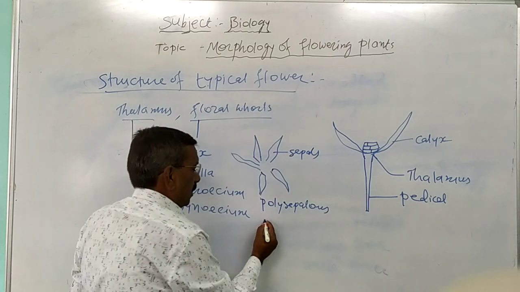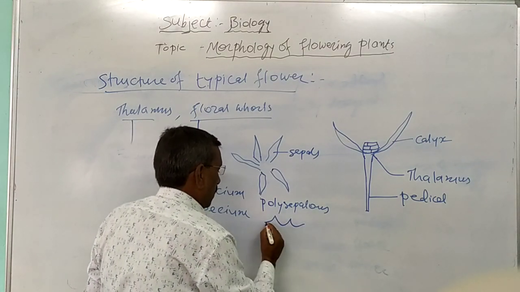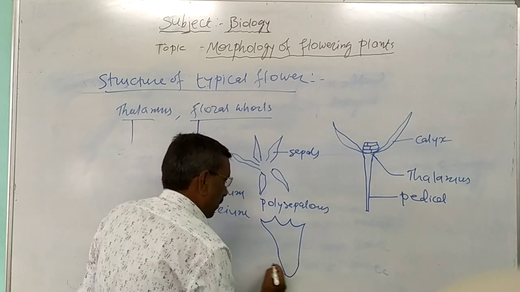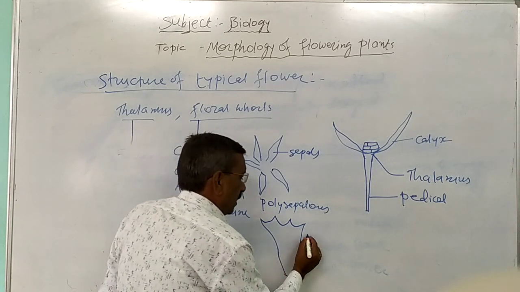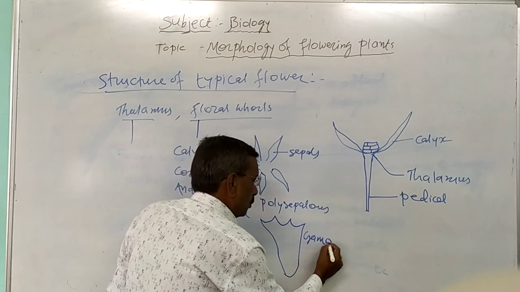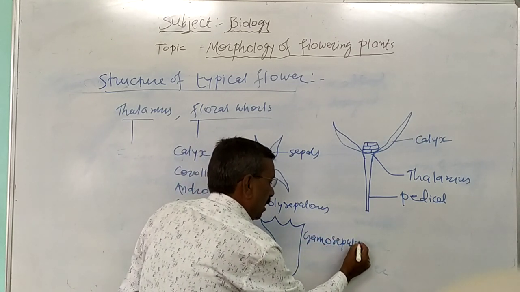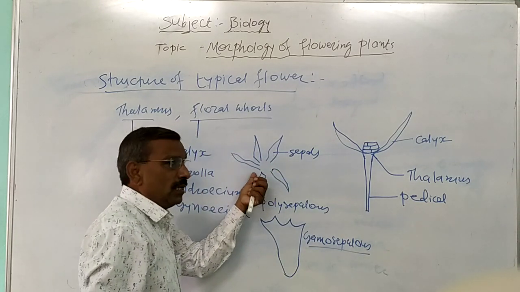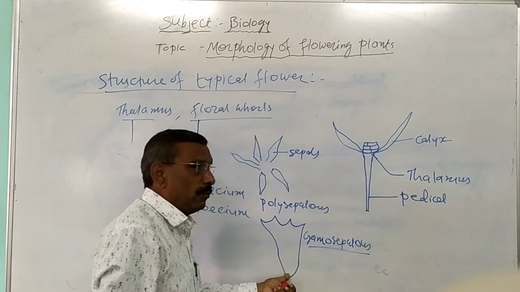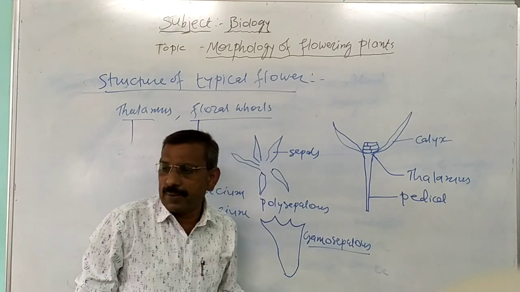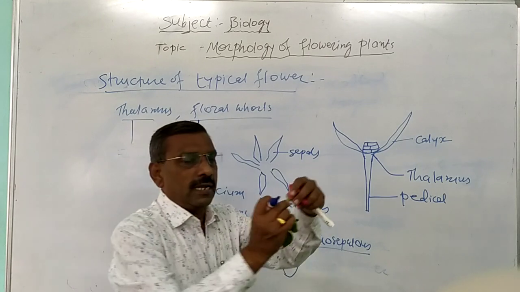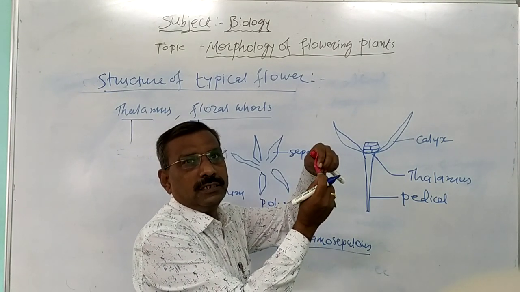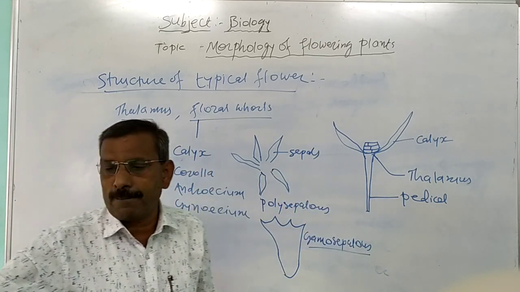But in some flowers like the China rose plant and the datura plant, sepals are fused with each other. That calyx is known as a gamosepalous calyx. When sepals are free, it is a polysepalous calyx, and when sepals are fused, it is a gamosepalous calyx. See, in this China rose plant, this one is a calyx, and the sepals are fused together. Hence, this calyx is known as a gamosepalous calyx.